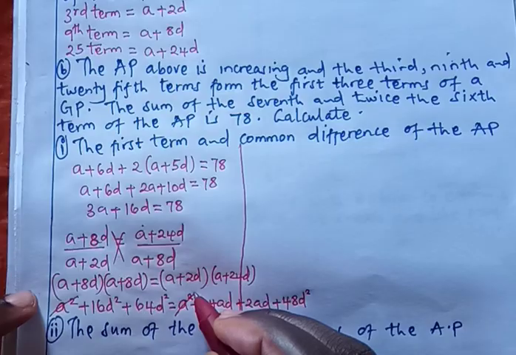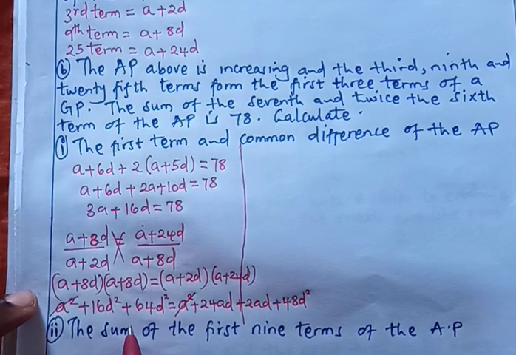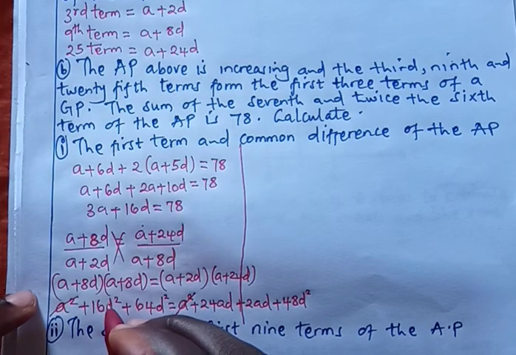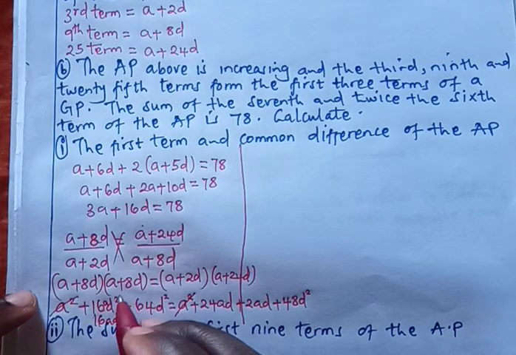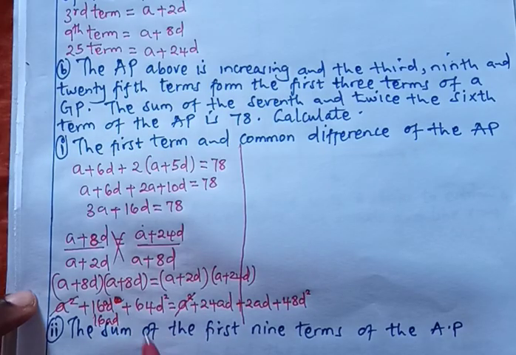Then we'll have our 16D squared plus our 16 AD. There is no square here.